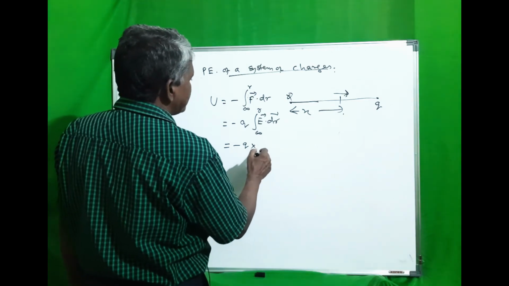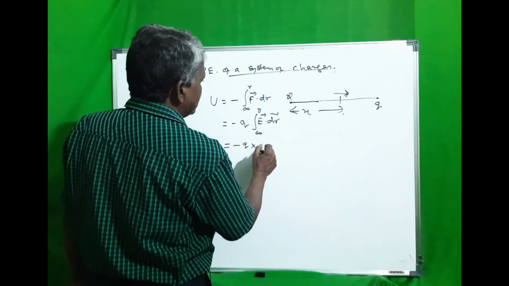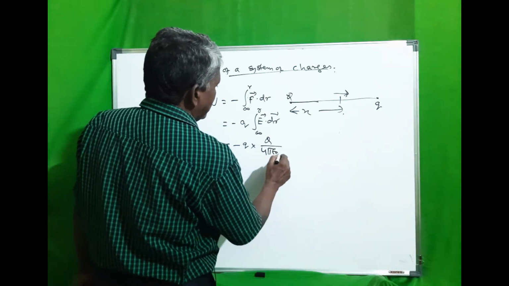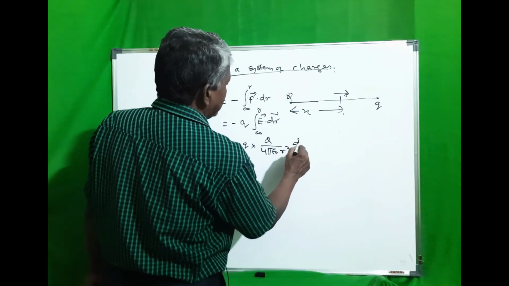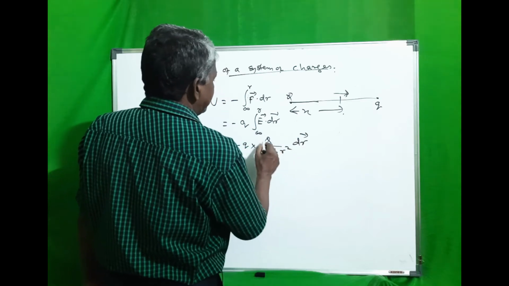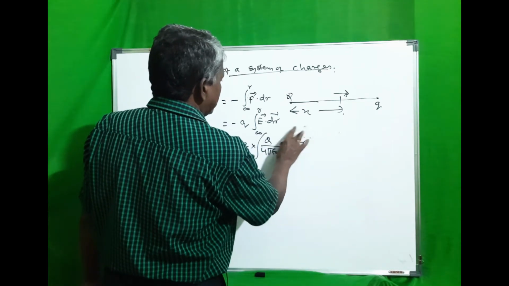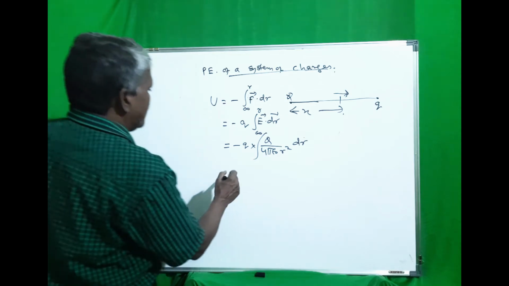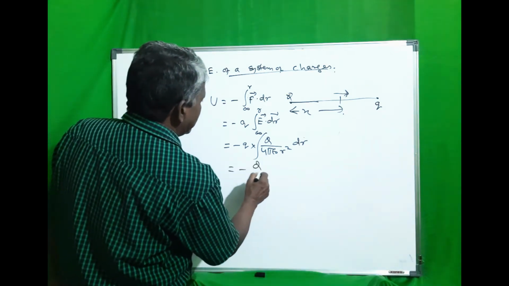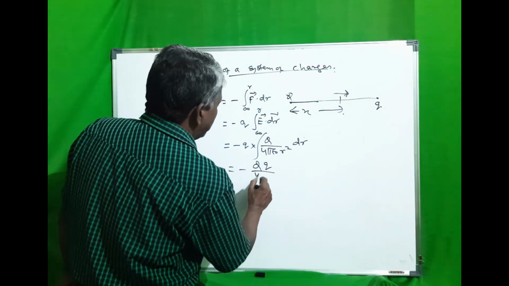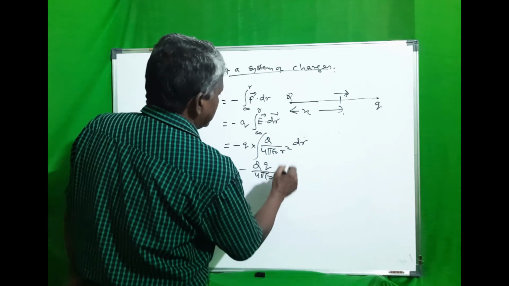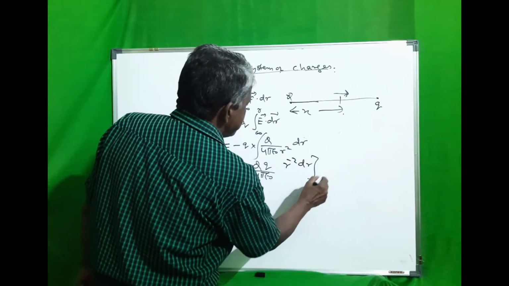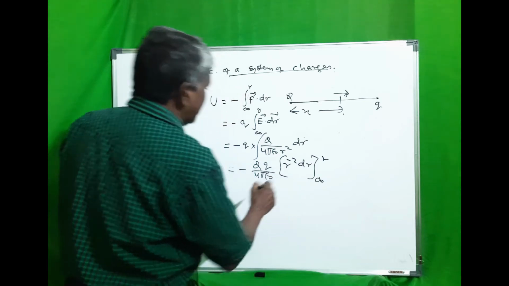QE is Qq by 4 pi epsilon 0 r square dr. Or you can write minus Qq by 4 pi epsilon 0 r to power minus 2 dr, limit infinity to r.